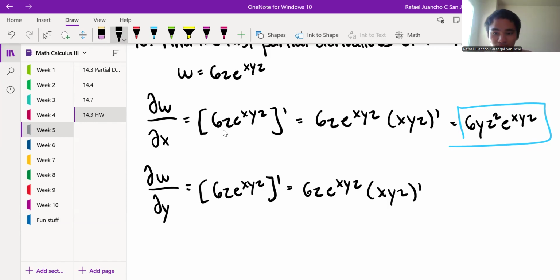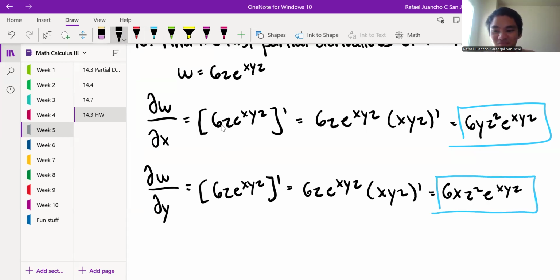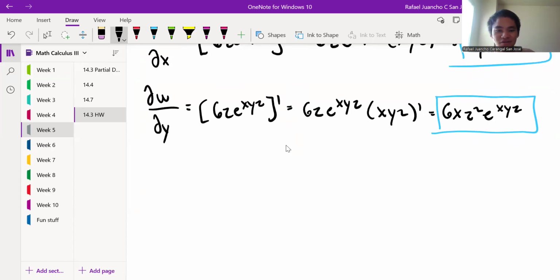And then from there, we see that x and z are numbers, so we leave them be. I take the derivative of my y, and I get 1. So I'm left with, again, 6xz squared e to the xyz. I swear, there is a pattern here. y and then it changes to x. There's something about that. I've been seeing it for a while now.